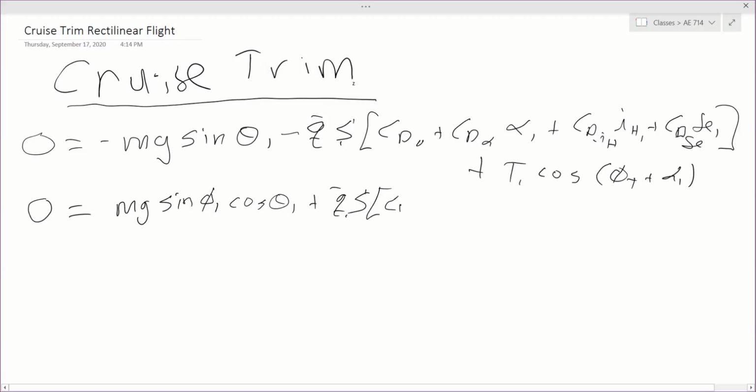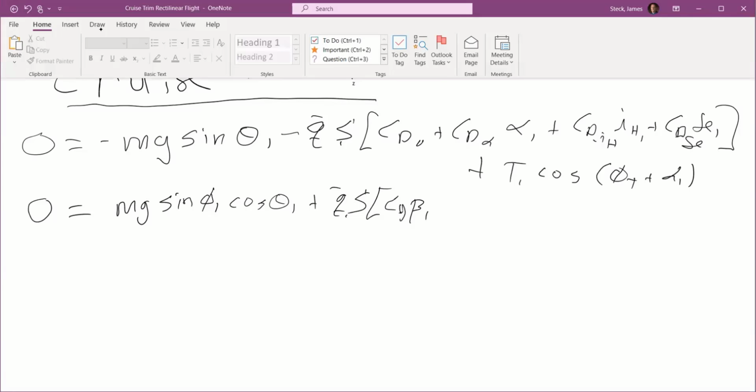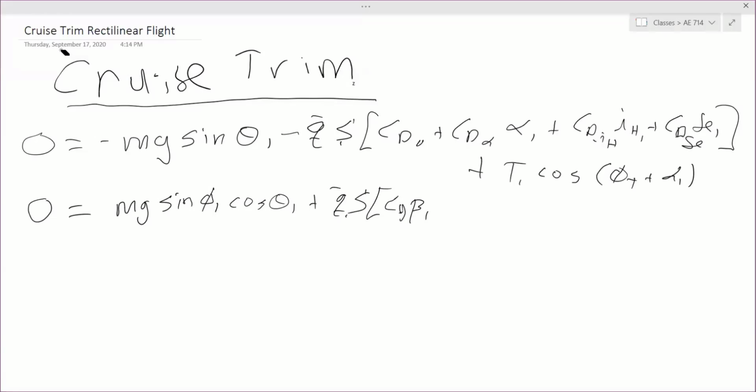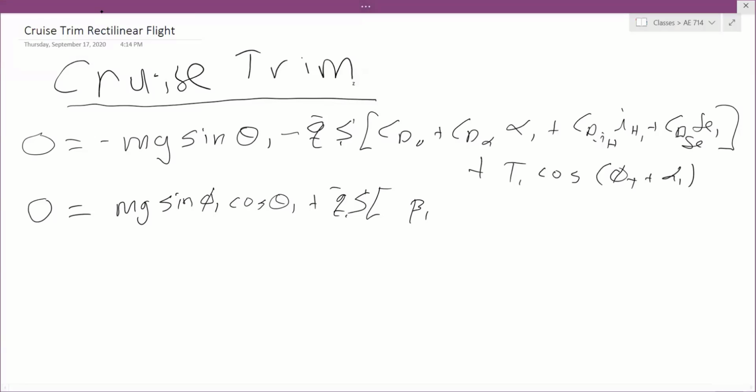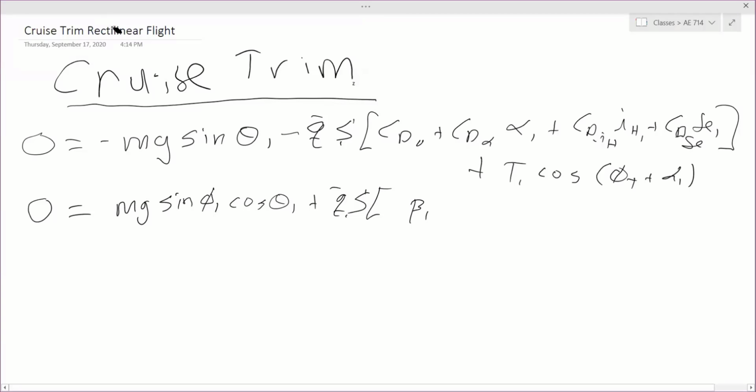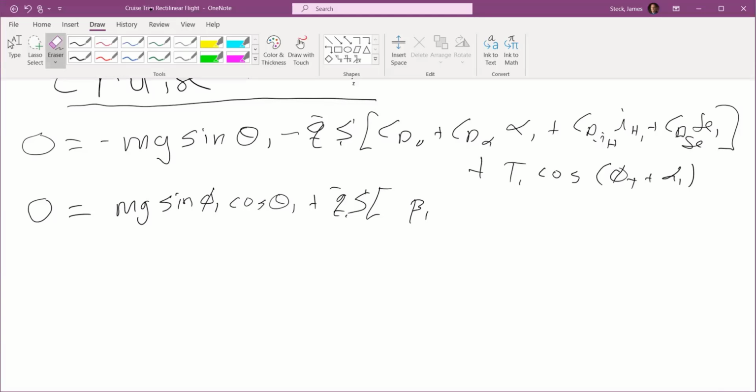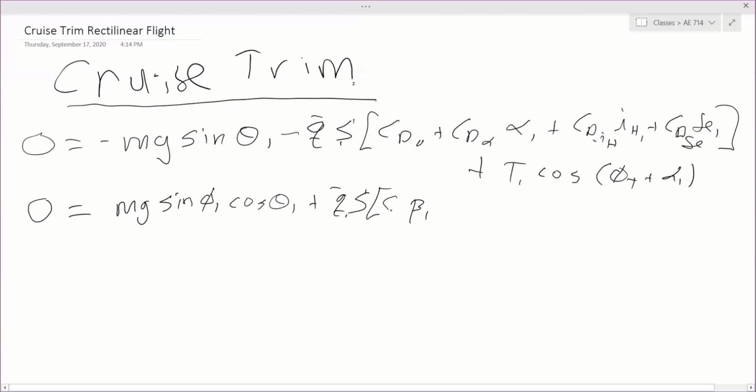So we have CY. So that's Cy beta times beta.